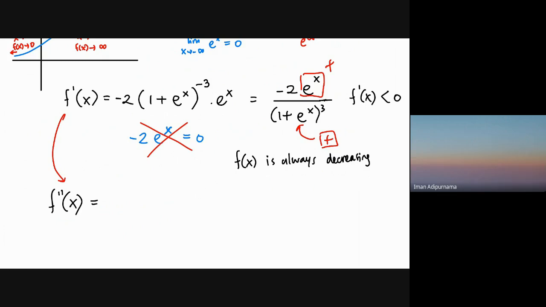You can use the product rule or the quotient rule on this one. Either way, it will be the same result. Maybe just do the product rule. Okay, I will just do the product rule.